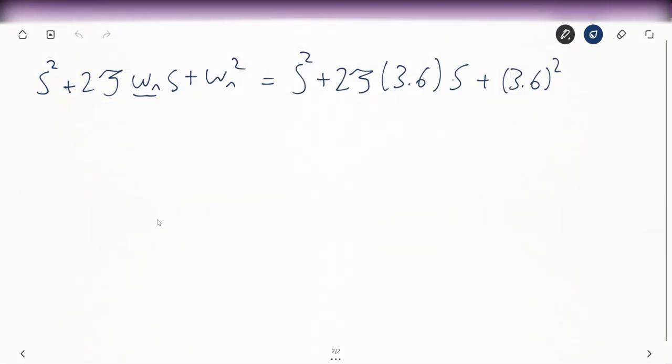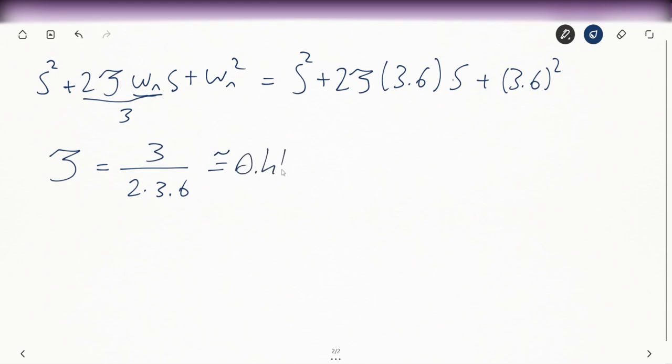For zeta to be found, in our transfer function we have this coefficient as 3. So zeta should be equal to 3 over 2 times 3.6, because this is what we have found. And this is almost equal to 0.417.